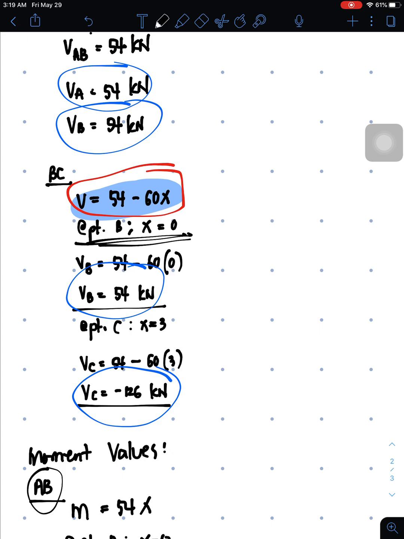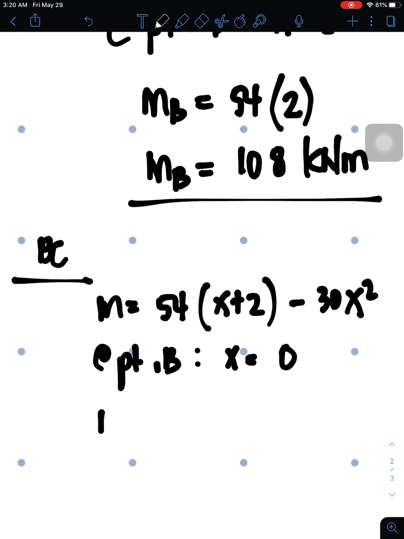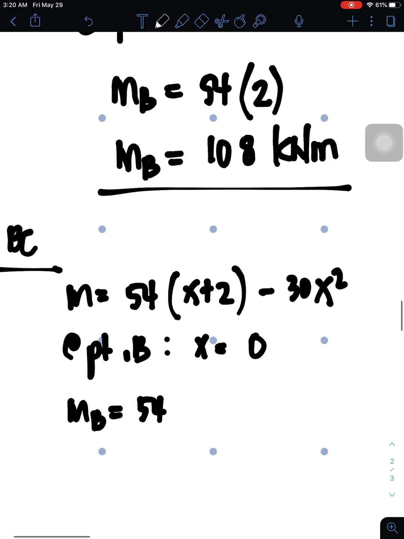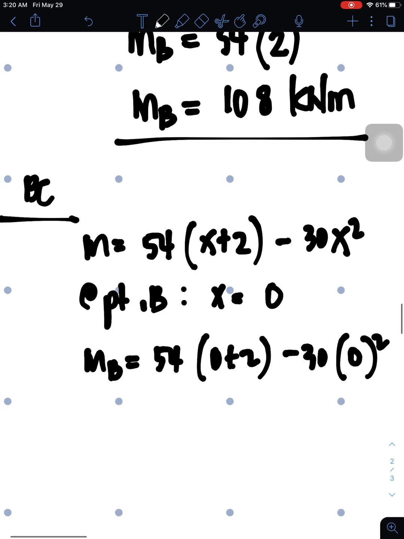Same rigid na ana. And then ato i-substitute. MB is 54 times 0 plus 2, then minus 30 times 2 square. Ano, not 2, but 0 square.